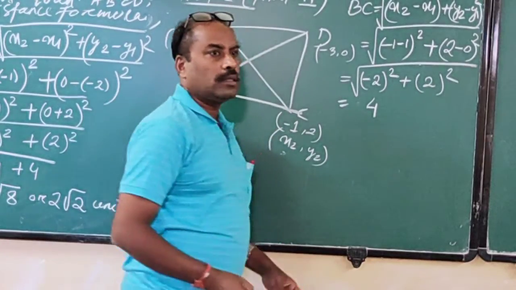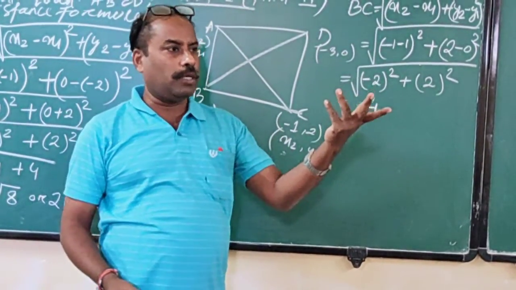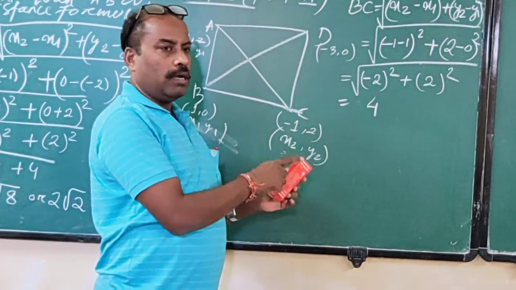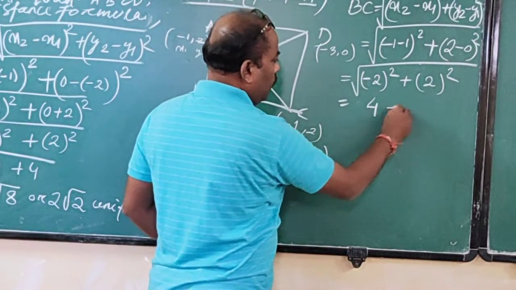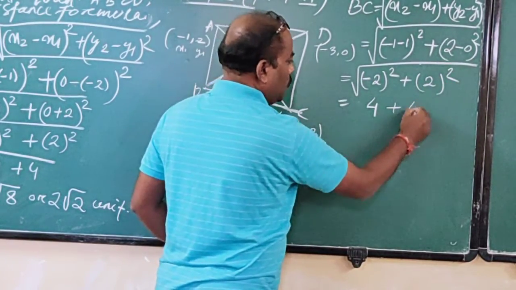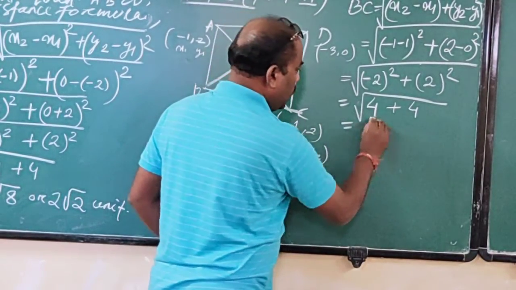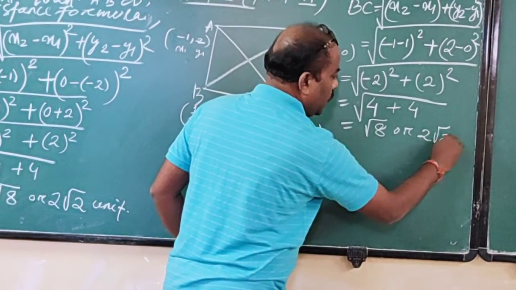Sometimes here you can make a mistake: you write minus 2 whole square equal to minus 4, but minus 4 is not a square. So a minus square is always plus. So it will be simply 4, plus this is already plus, so 4, under root, 4 + 4 equal to root 8, or we can write 2 root 2 units.